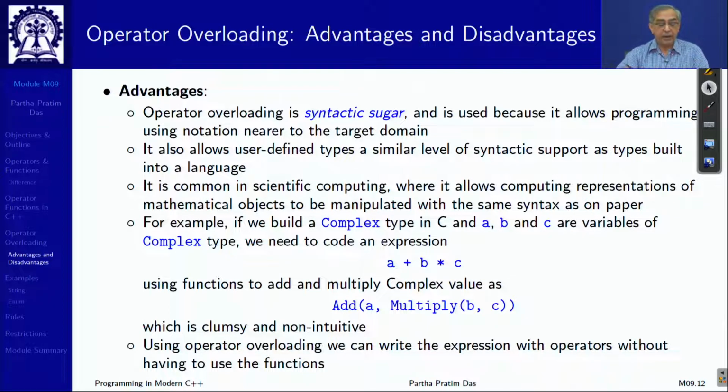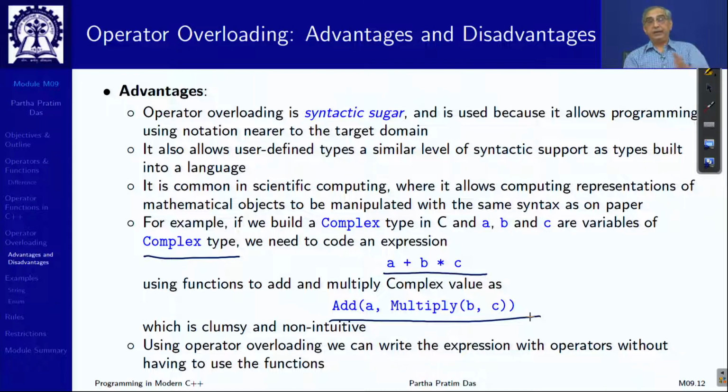If you are dealing with complex numbers and you have created a complex type and you want to write an expression of this form, in C you will always have to write it something like this: multiply B C and then add A to the multiply of B C, and so on.